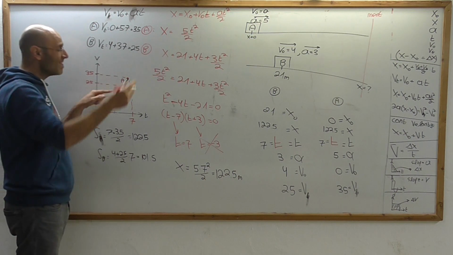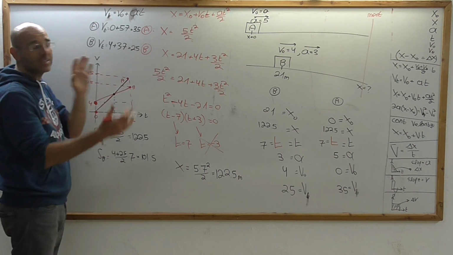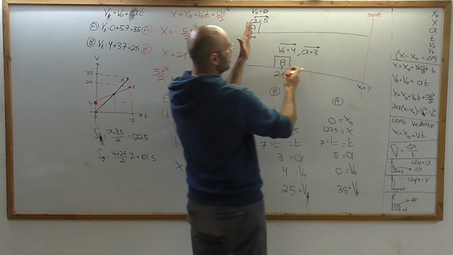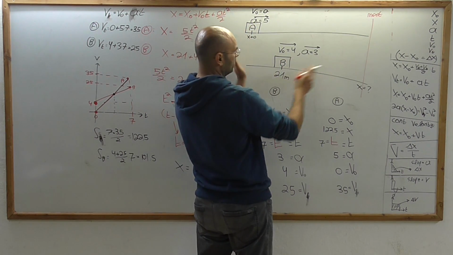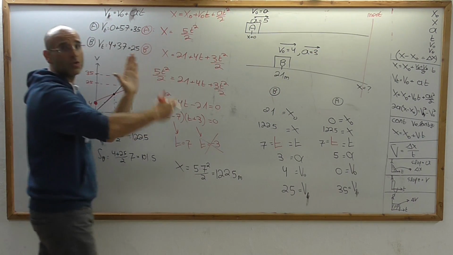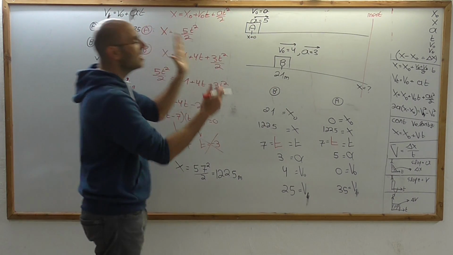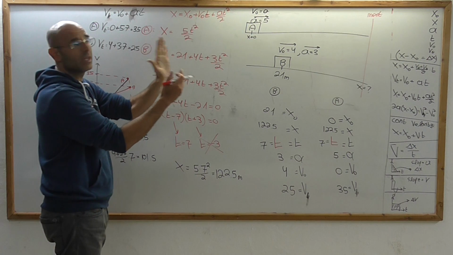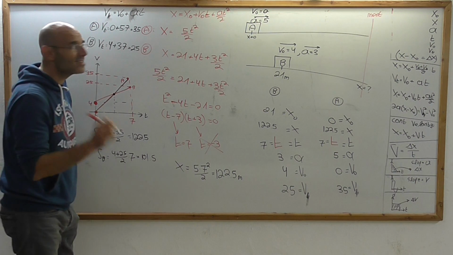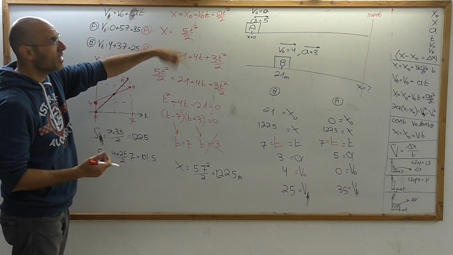From this point, car A started decreasing the distance between the two vehicles. Up to this point, B goes faster than A, so the distance between A and B grows. And from this point, A starts moving faster, and the distance between them starts decreasing. So this point tells us the biggest distance that can be between these two.